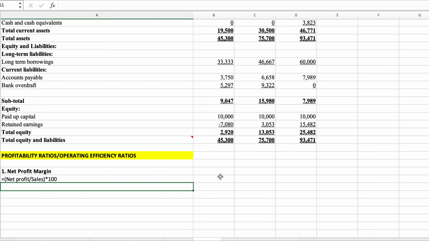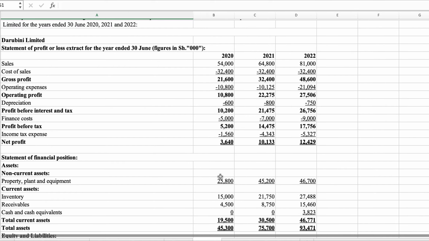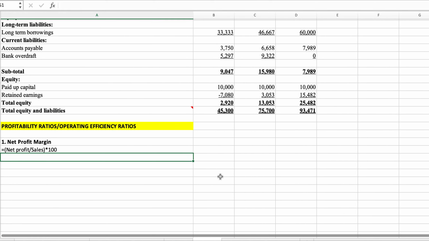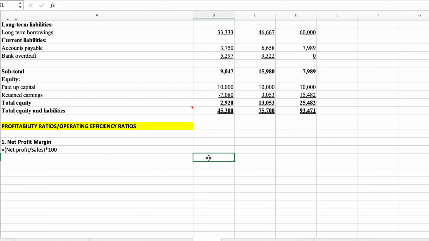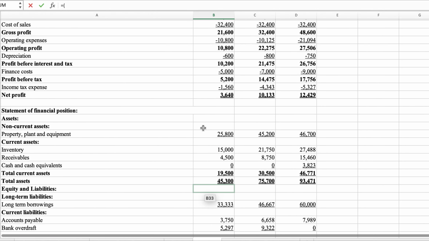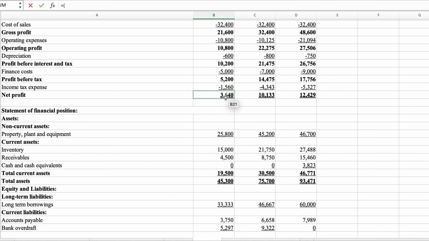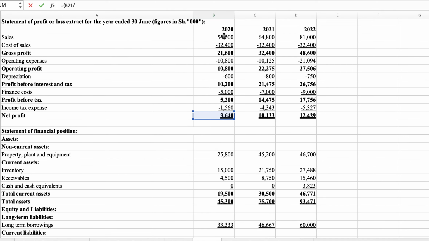In our case here, we have 3 years, 2020, 2021 and 2022. So let us calculate the net profit margin for these 3 years. Net profit margin is given by net profit. Our net profit for this year is 3640. You divide by sales, which is 54,000.